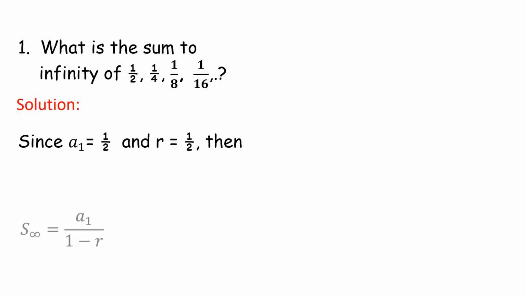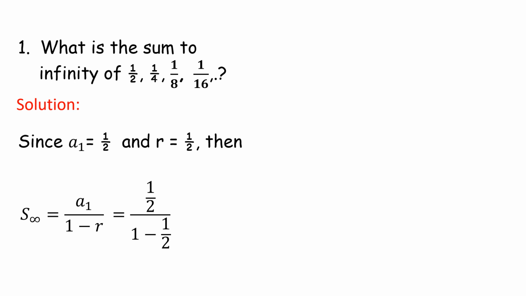Then, sum to infinity is equal to, using the formula, a sub 1 all over 1 minus r. Simply substitute the values. We have now the value of a sub 1, which is 1/2, divided by 1 minus the value of r, which is also 1/2. Simplify further.